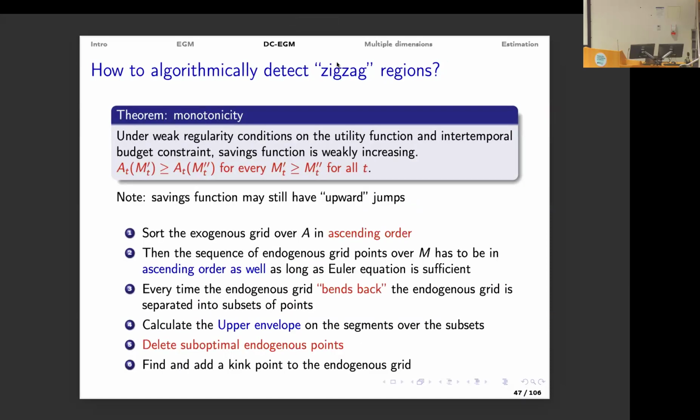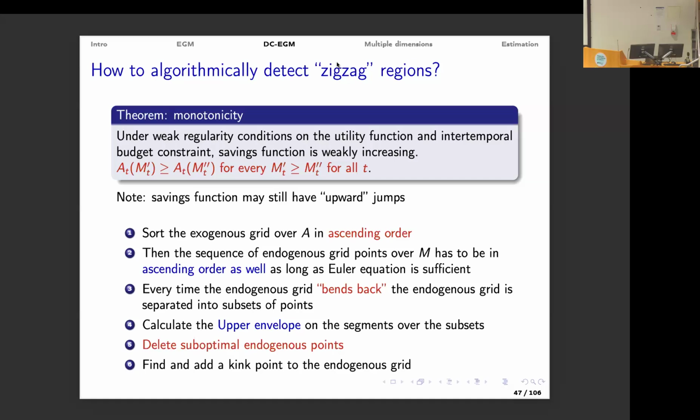Okay, so how do we algorithmically detect these regions? I mean, you want to write a code that just solves the problem, right? You don't want to observe and treat these regions in a special way. So again, we're using the same monotonicity result under weaker conditions.